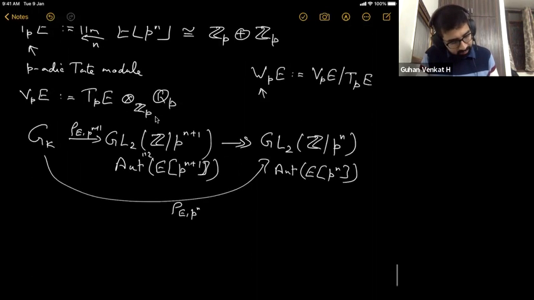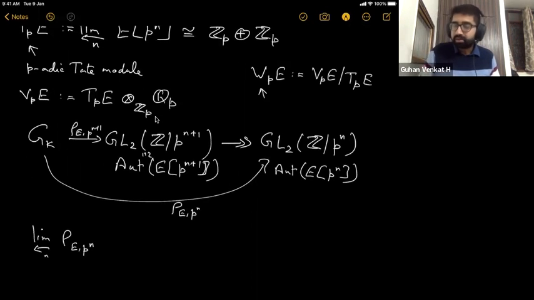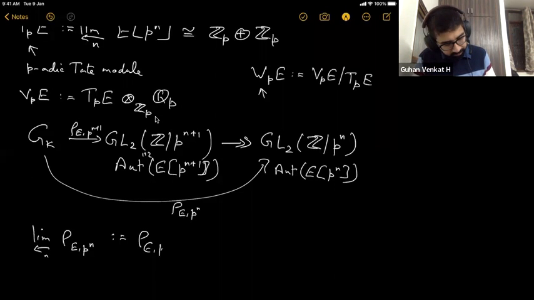So I can also naively define the inverse limit of this compatible system of representations. So what we get is this p-adic Galois representation associated with the elliptic curve. So it's from G_K to GL2 over Z_p.